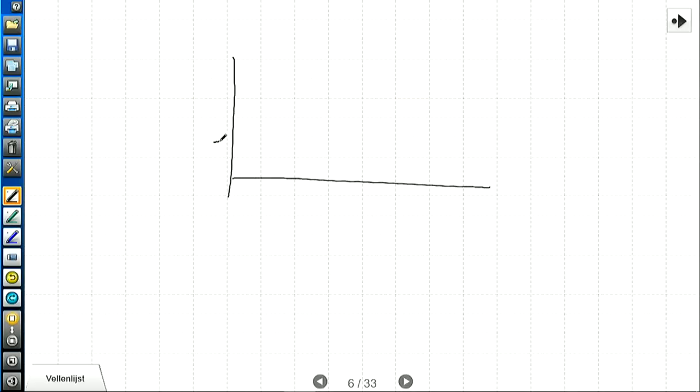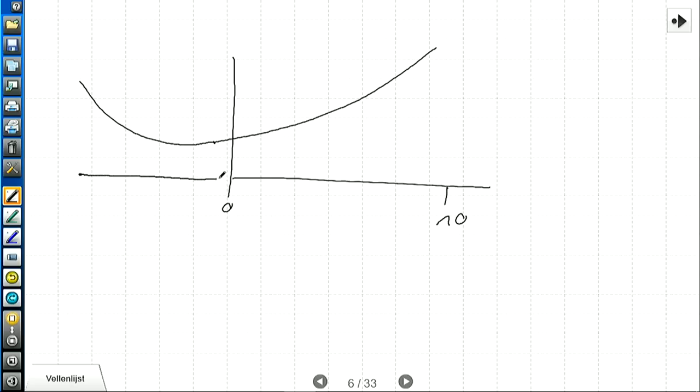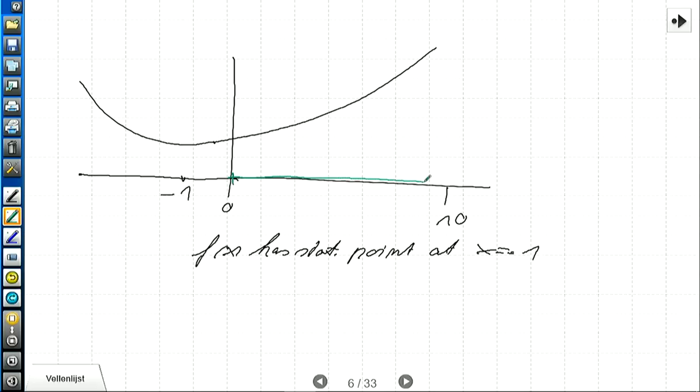You recall something like that. A function could run this way. In this case, the function could actually look something like this. Say this is -1. So the function has stationary points at x is -1, but think about this, only the green area is okay.